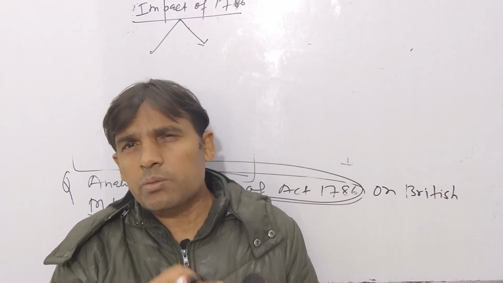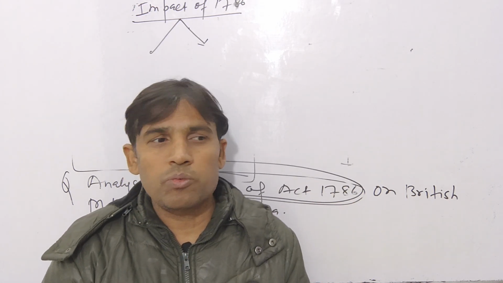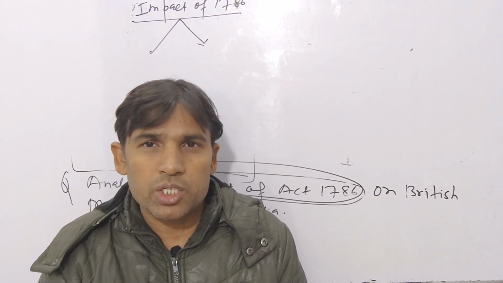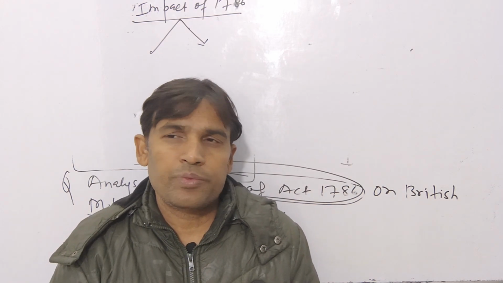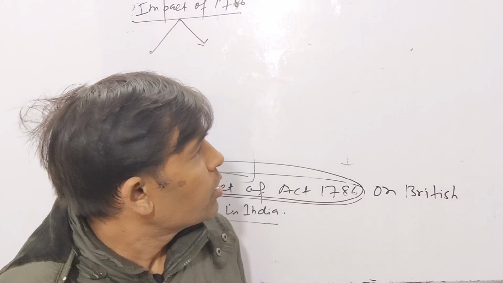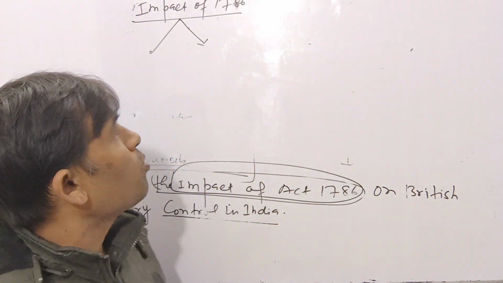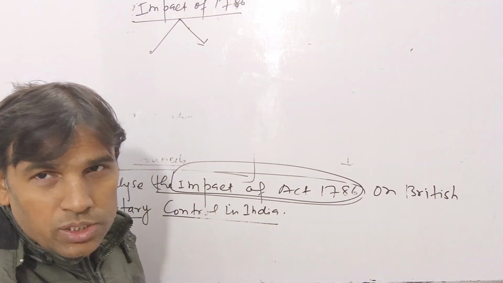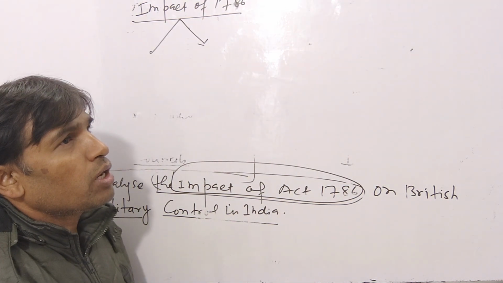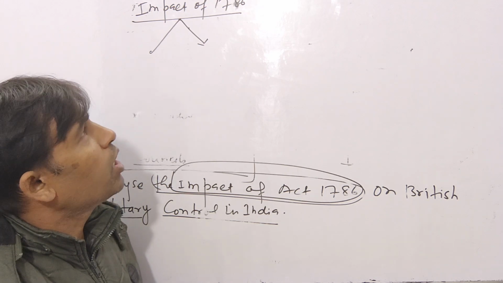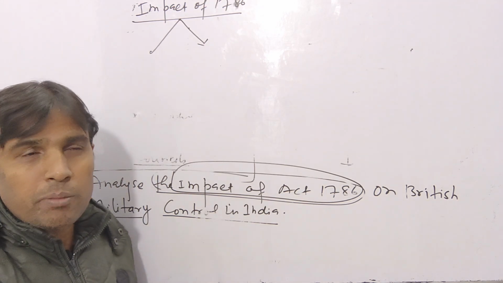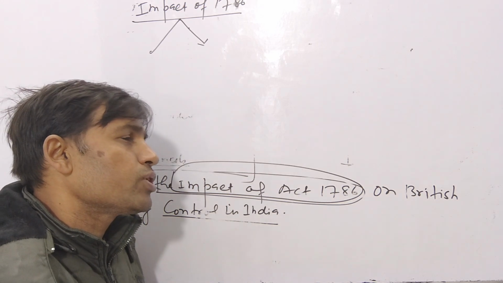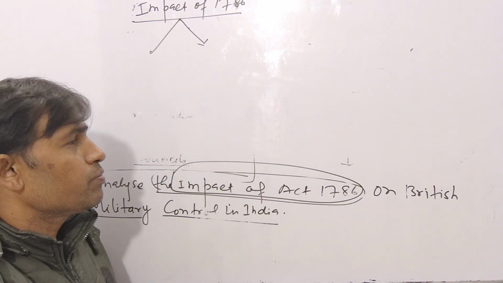The zamindaris of many zamindars were overtaken by the British government once they were unable to pay their taxes. So an auction was done on a large scale in the Bengal presidency, and the territory of the Bengal presidency was enhanced.